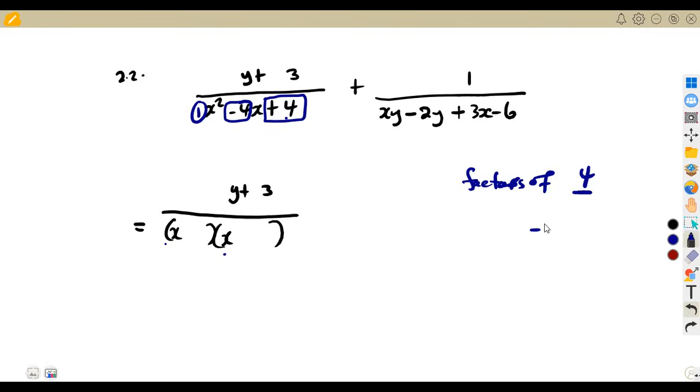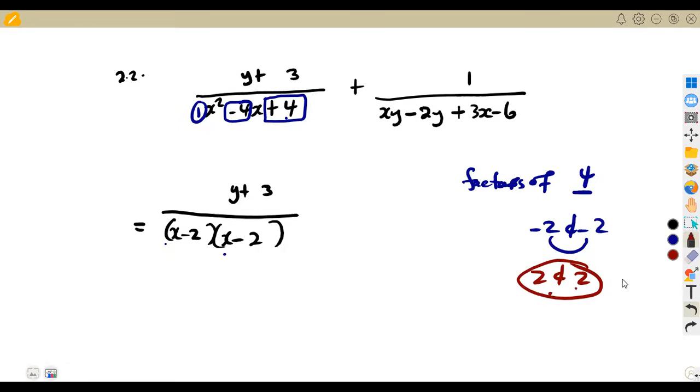All right, so we have got -2 and -2. If we multiply this, we get +4. If we add, we get -4. So these were the factors that we're supposed to have. Take note, 2 and 2, truly they are factors of 4, but if we add, are we going to obtain minus 4?